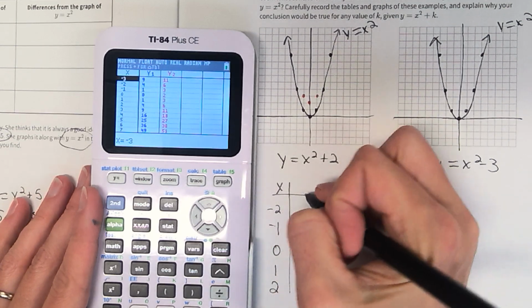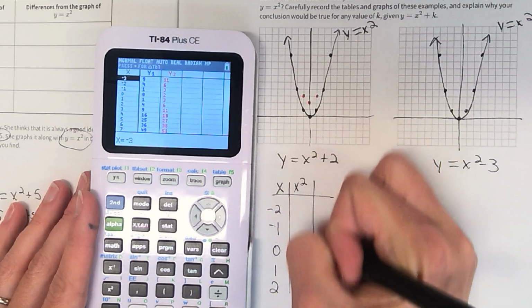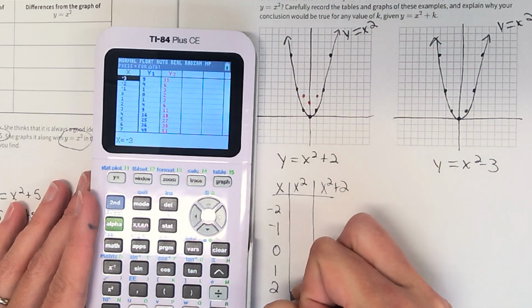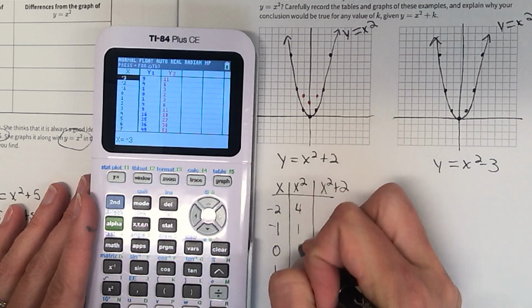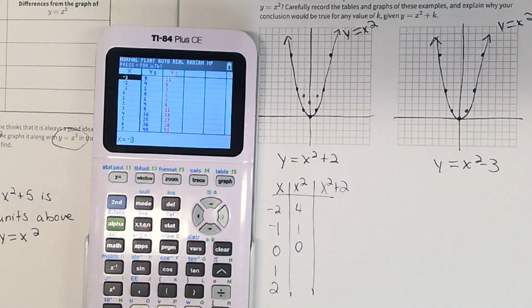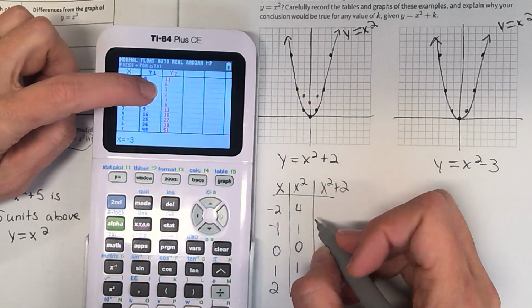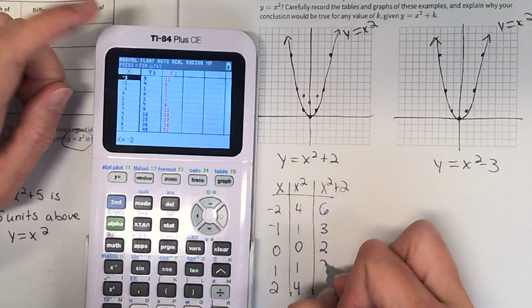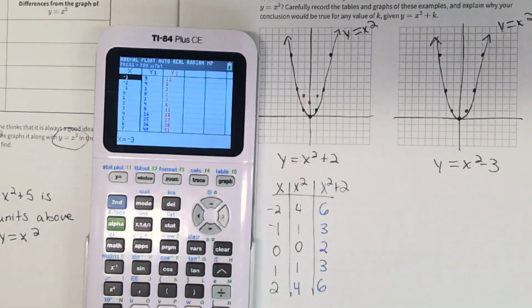And if we just do x squared, what do we get? And then what do we have if we do x squared plus 2? Okay, well, let's get those filled in. So if we have just x squared, it's going to be 4, 1, 0, 1, 4. And for x squared plus 2, at negative 2 we've got 6, 3, 2, 3, and 6. All of these are exactly 2 bigger than the one before it.